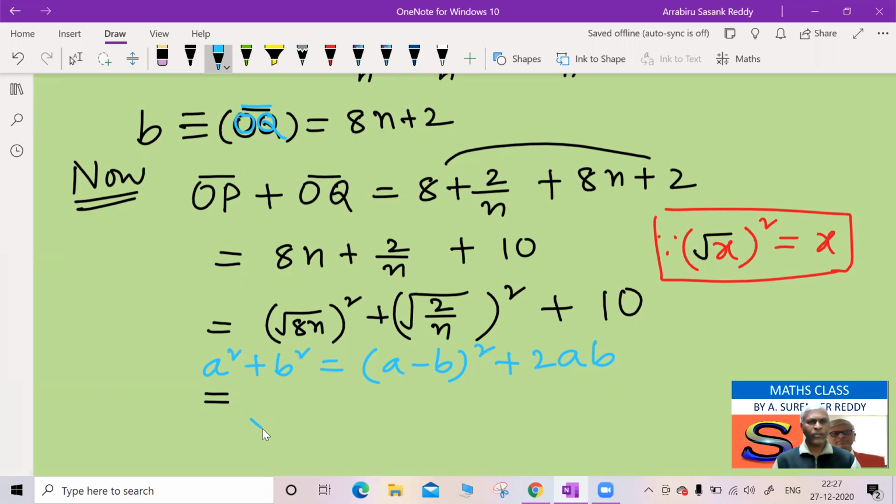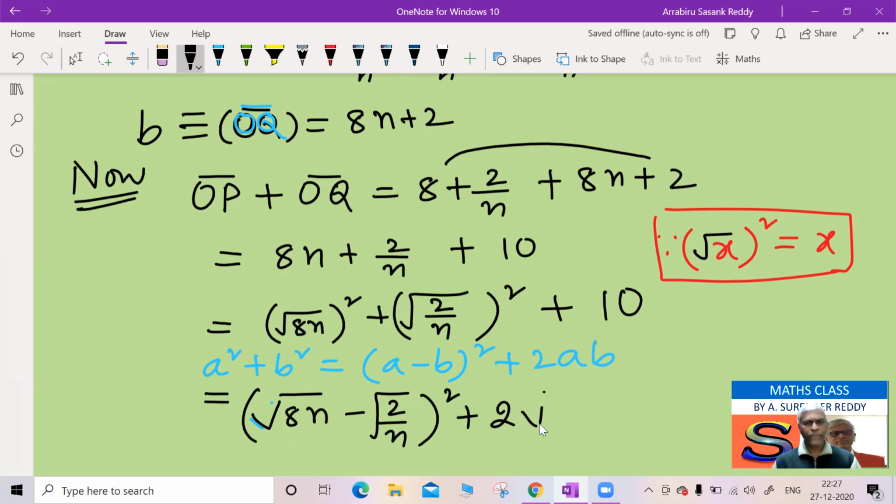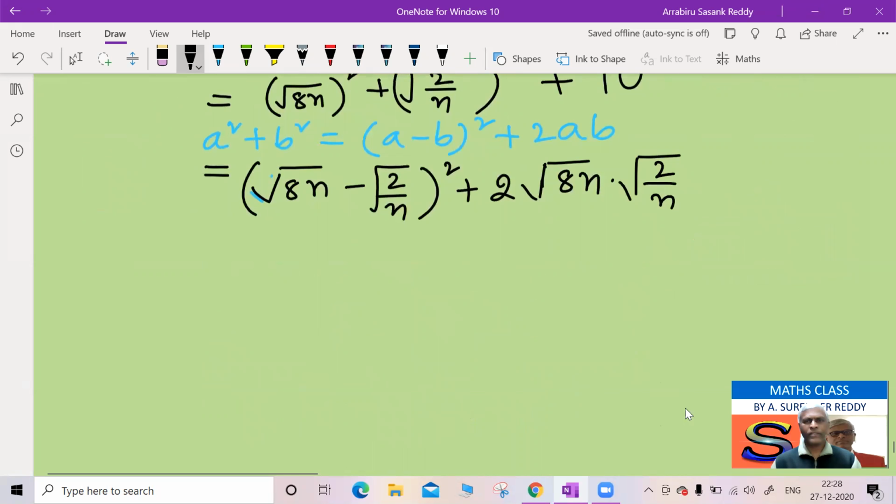Here a is root 8n, b is root 2 by n, so (root 8n minus root 2 by n) whole squared plus 2 into root 8n into root 2 by n, and plus 10, that is as it is.